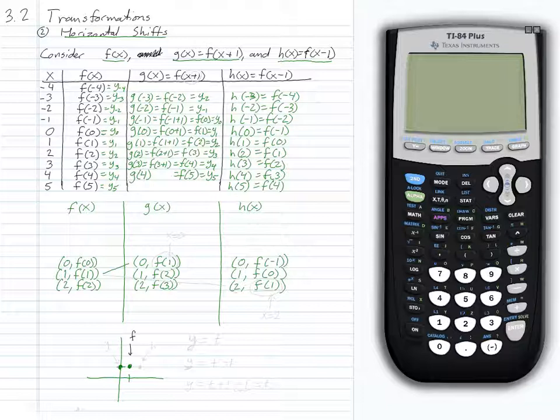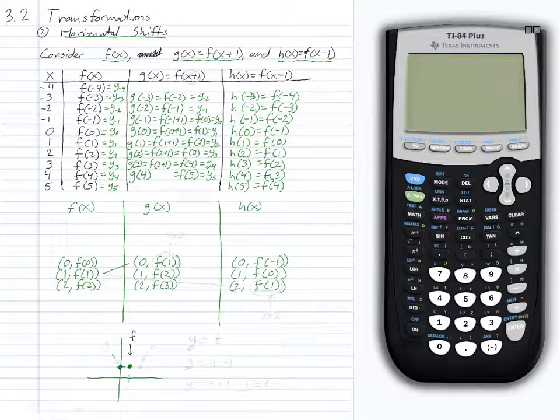So adding 1 to x inside the function, before the function gets a chance to act on it, results in a horizontal shift. And in fact, it results in a somewhat counterintuitive horizontal shift in the negative direction.